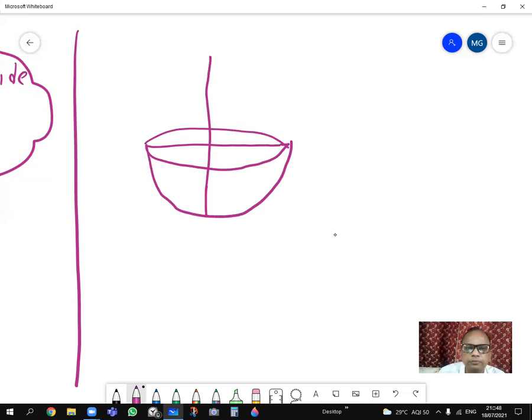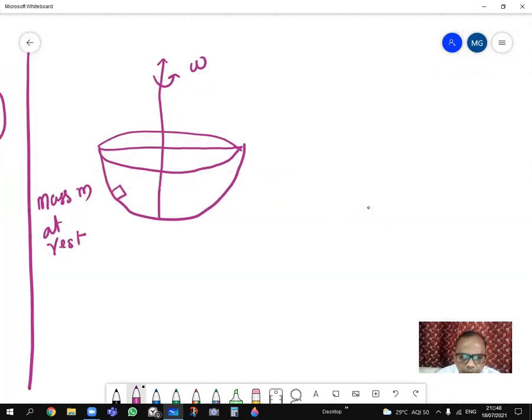In first case, bowl is rotating with speed omega, and this point object of mass m is at rest. Second problem is quite similar to first. In second problem, your bowl will be at rest and particle is moving. Clear?